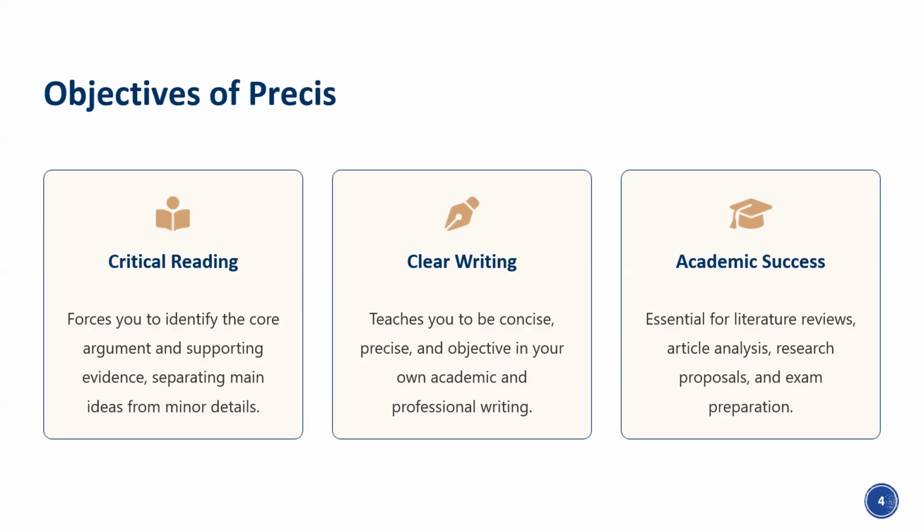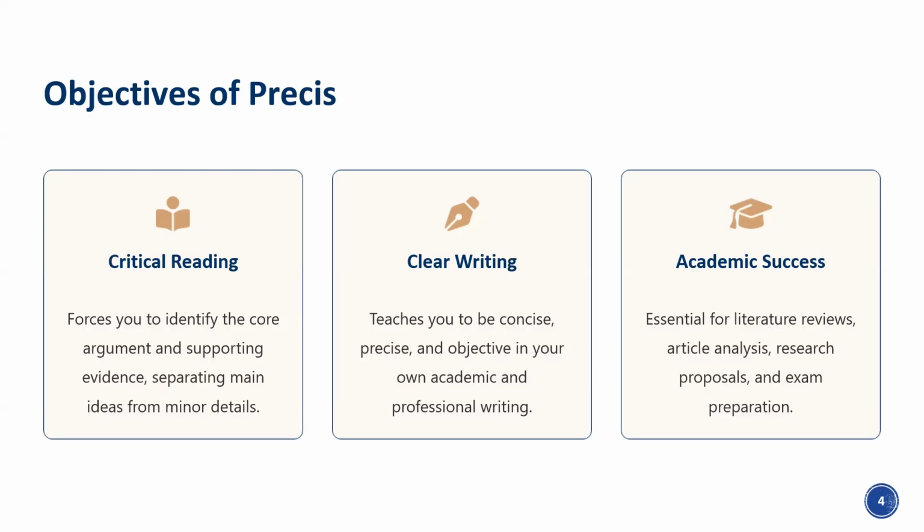And for academic success as well, as I said earlier, literature review, article analysis, research proposals, and definitely exam preparation, you need to do these things. But before going to the next slide, you should keep in mind that this is mostly focused on practice. So the theories are important in order to design your Precis, not to memorize them.